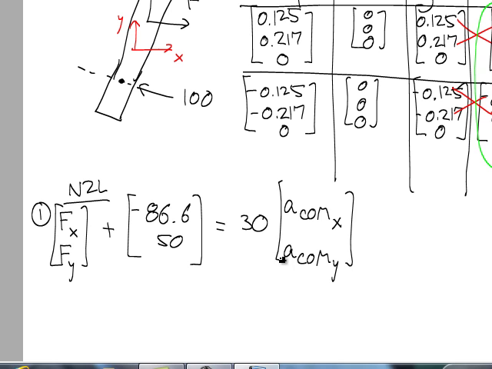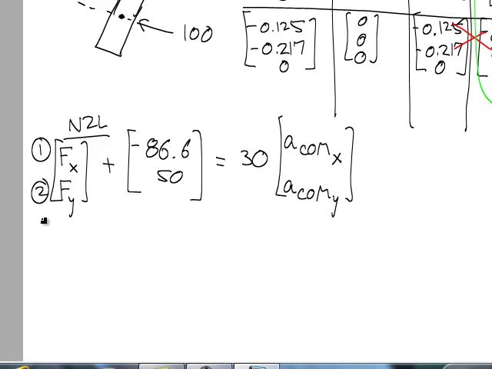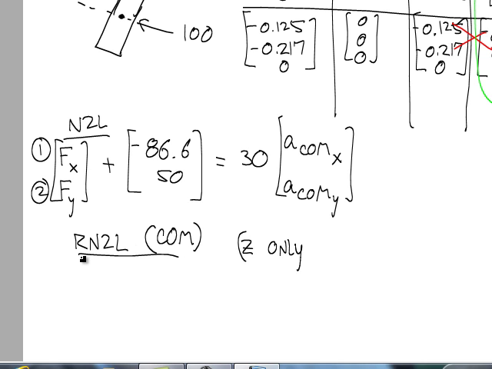So that's two equations. And then the rotational equation about the center of mass. I'm just going to write this as a scalar equation because we have all zeros in the x's and y's.